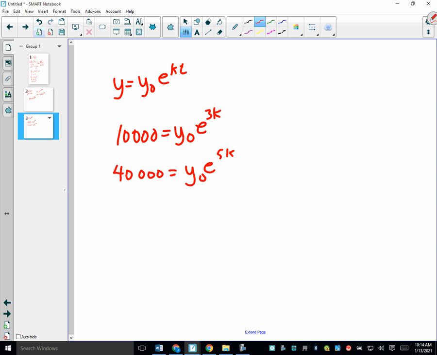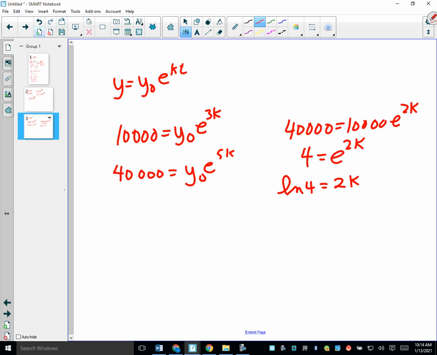Let's try it. If we get it right, e to the 2k, so 4 equals e to the 2k. ln of 4 equals 2k.